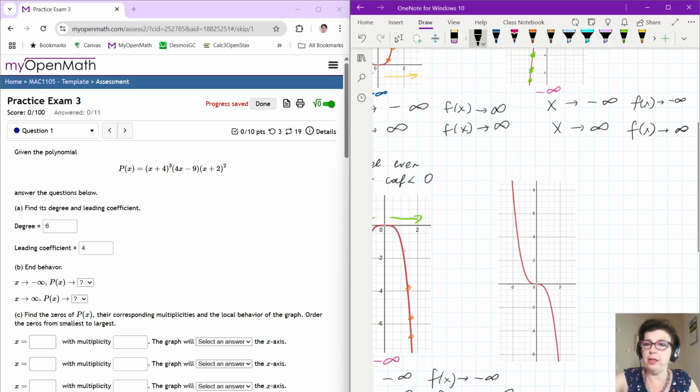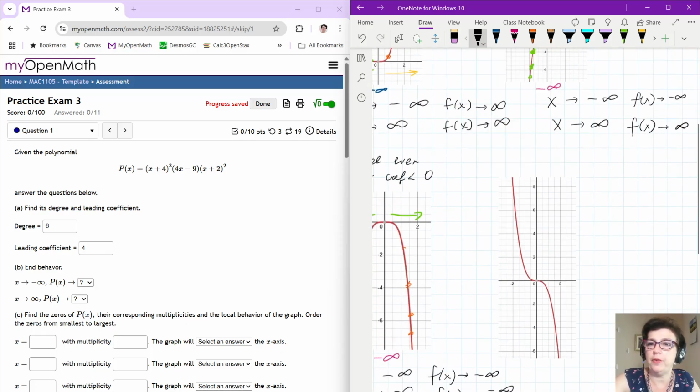Okay, and finally, the last case here I have is degree is odd, but you are flipping it over the x-axis, so everything flips, right? So here the leading coefficient would be negative. So here I would say if x approaches negative infinity, f of x approaches positive infinity.